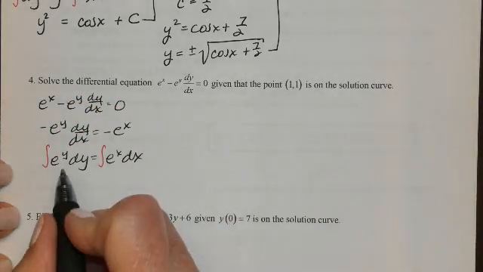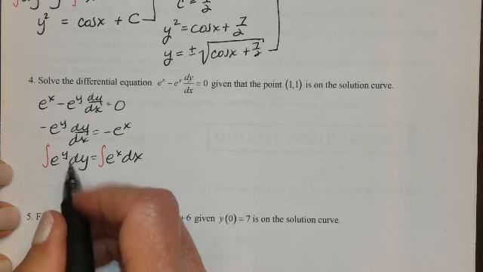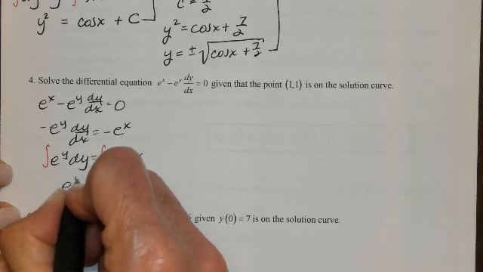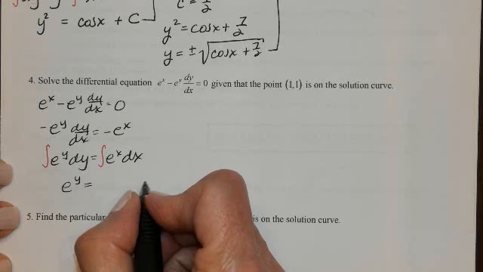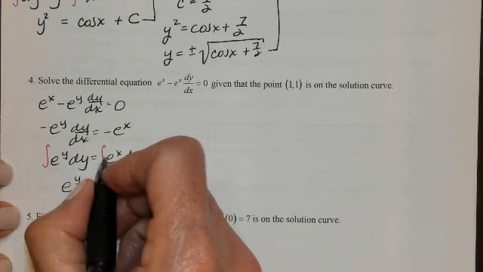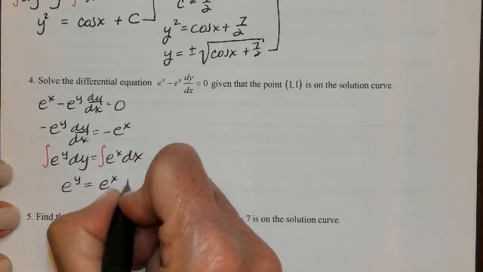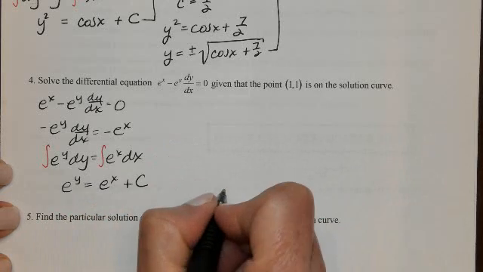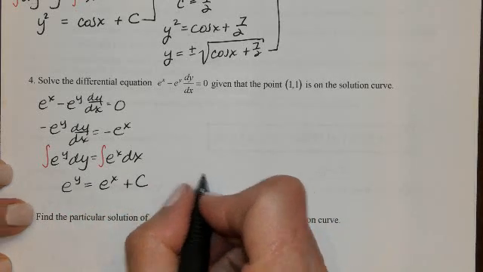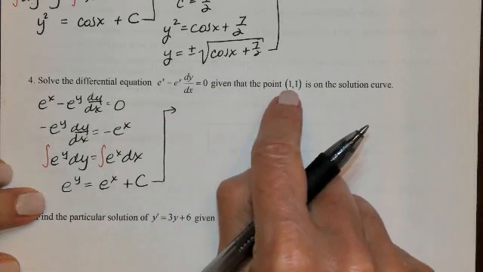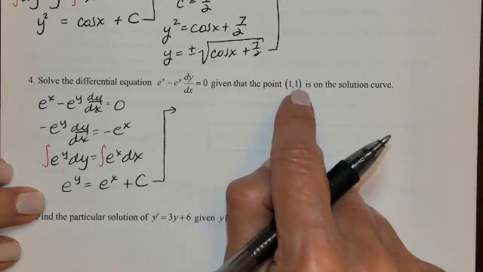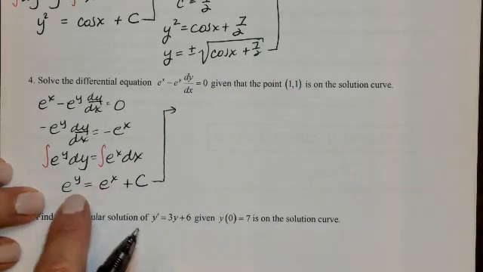The antiderivative of e to the y is e to the y plus c. That plus c I'm adding to the other c. The antiderivative of e to the x is e to the x plus c. Okay? Again, I just integrated, so I automatically look at that point and I ask myself, is this a good time to plug it in?